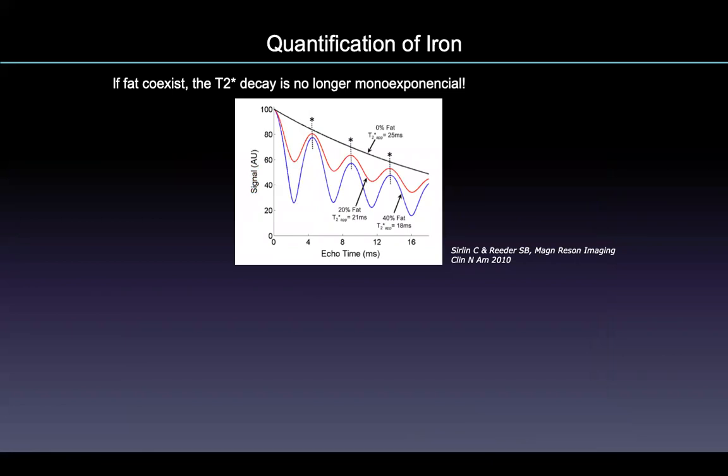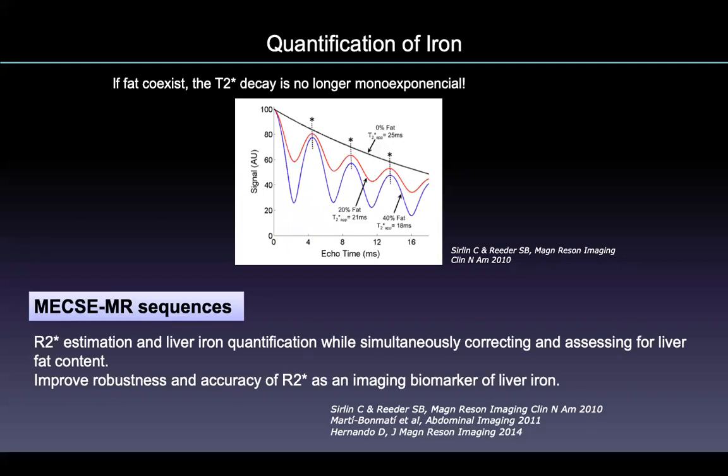So if relaxometry techniques model the T2 star decay as a mono-exponential decay rate, they will not account for these signal oscillations as water and fat signals become in and out of phase, and therefore the ability of MRI to measure R2 star accurately may be corrupted, particularly in cases of diffuse liver diseases when we have fat and iron in the liver parenchyma.